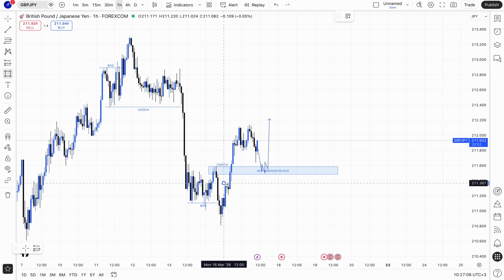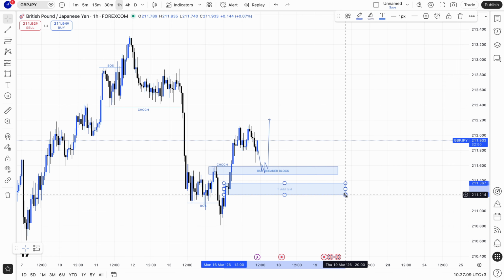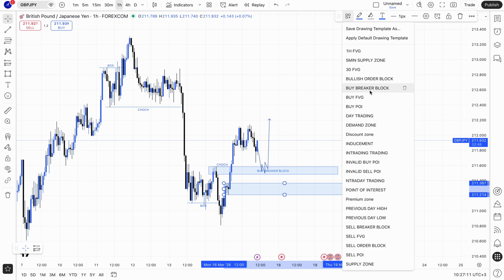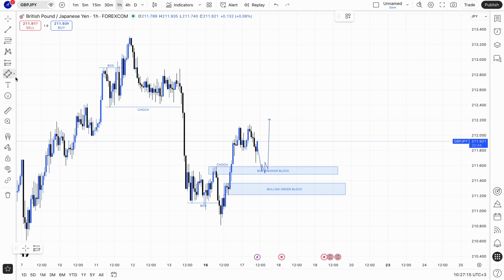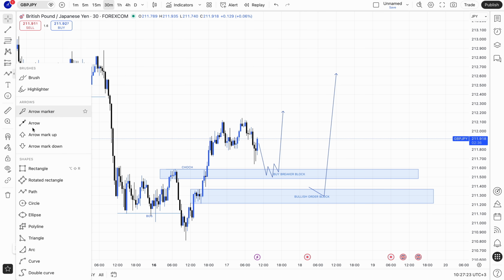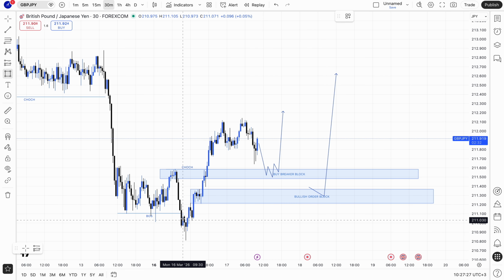We have our order block, which is here. Also, we can buy from that order block if the price disrespects this area. Then you continue up. Then you can see if you have another order block from the 30 minutes.